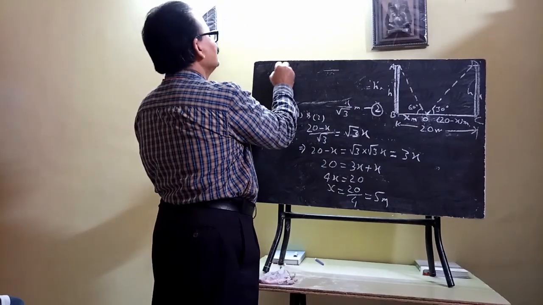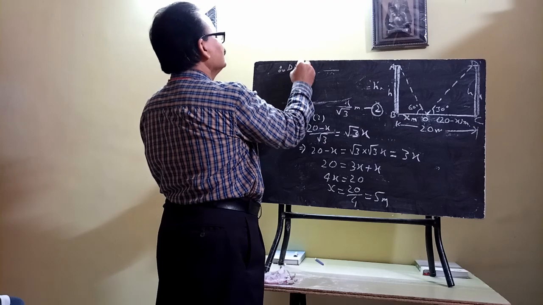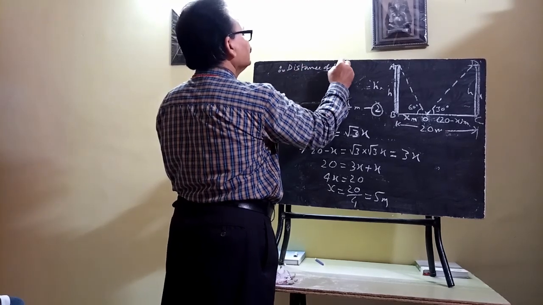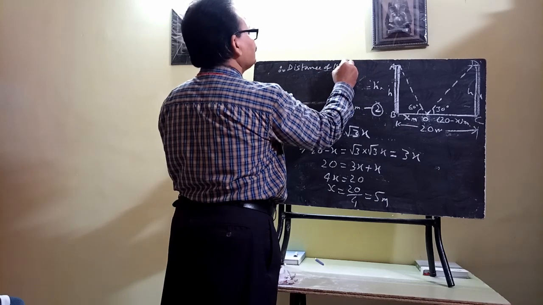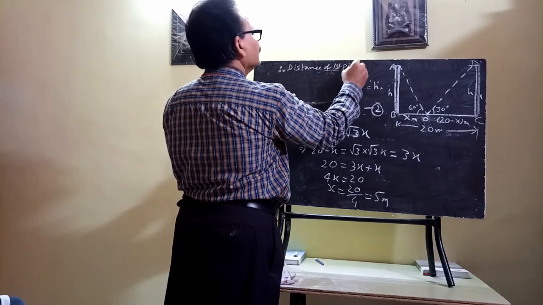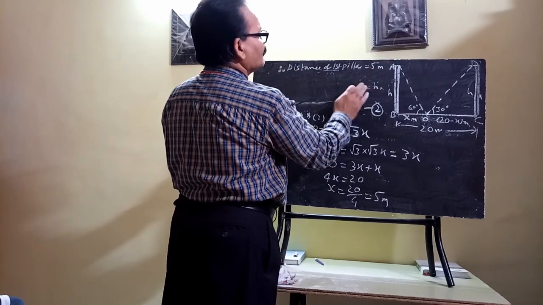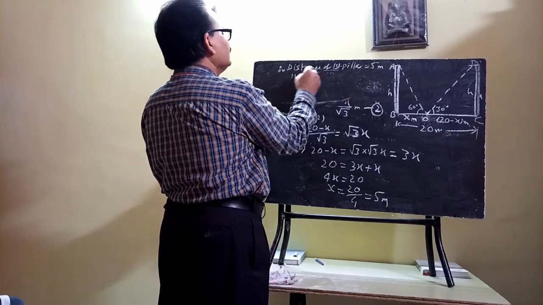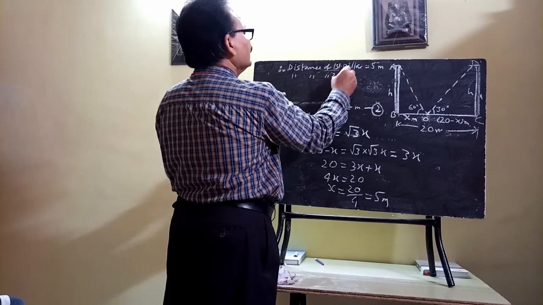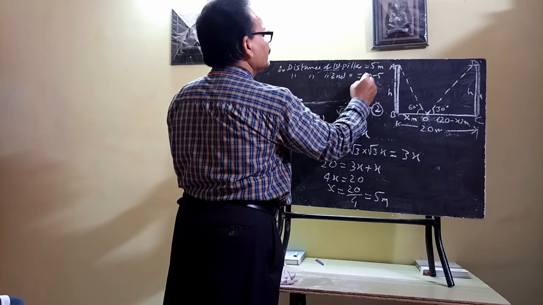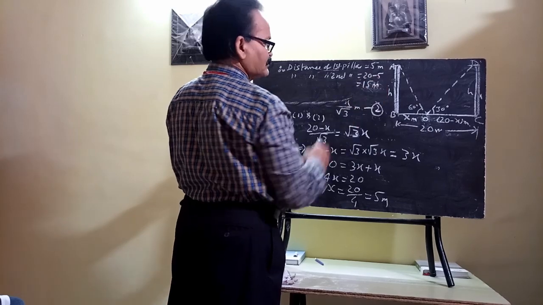Therefore, the distance of the first pillar is your 5 meter. This is also one of the answers. And the distance of the second pillar is 20 minus 5, that is equal to 15 meter.